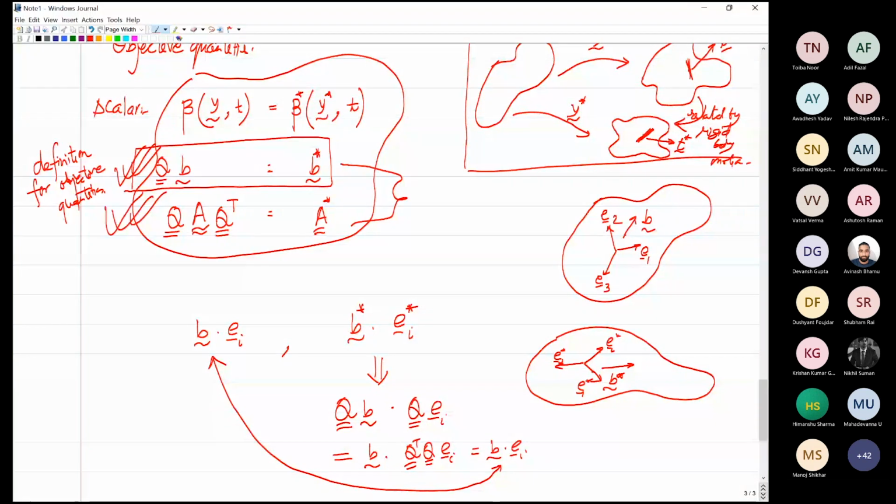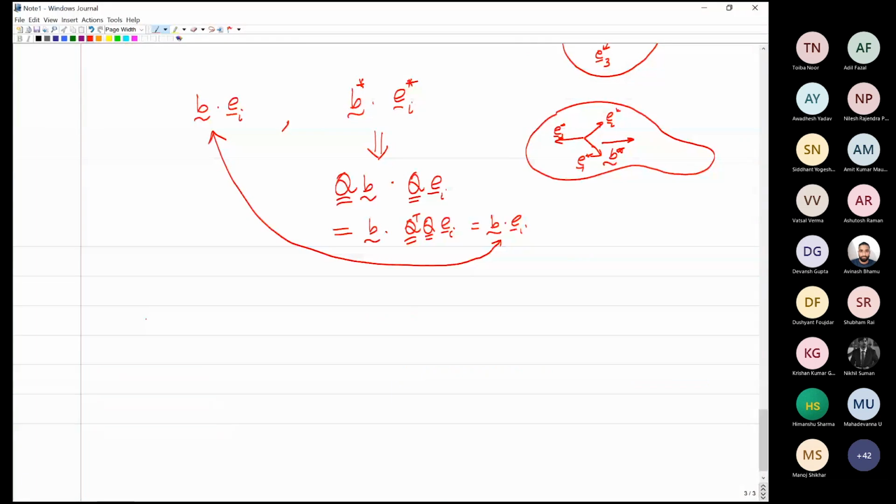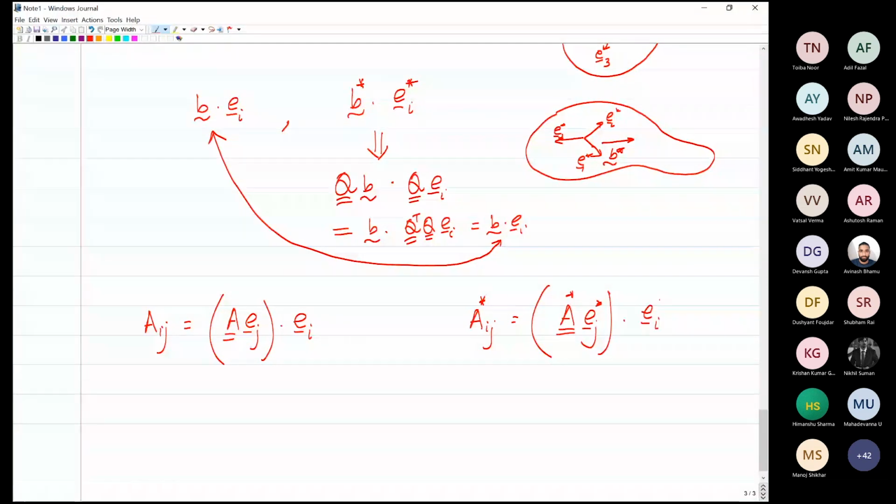Similarly, similar thing goes for the tensors. So, for example, Aij is equal to A Ej dot with Ei, and then A star ij is equal to the tensor A star multiplied by Ej star dot with Ei star. Let us see how Aij and A star ij are related.